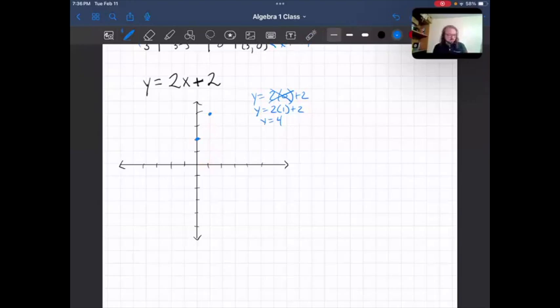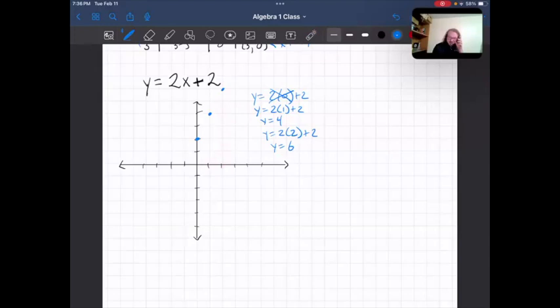This one looks a little bit different than our last one. And depending on how big the graph is, if I've got room, I could check x equals 2. So 2 times 2 is 4, plus 2 is 6. So I'm going over 2 because x was 2, and then up 1, 2, 3, 4, 5, 6. Way up there. I'm going to plug in negative 1.